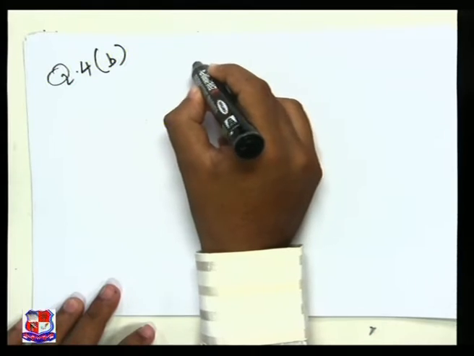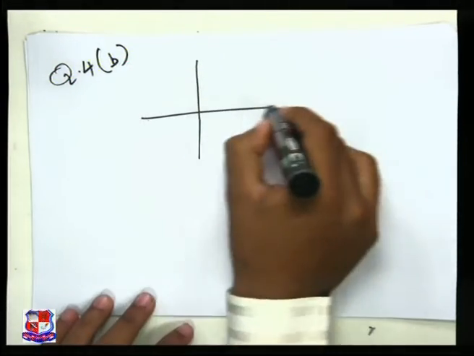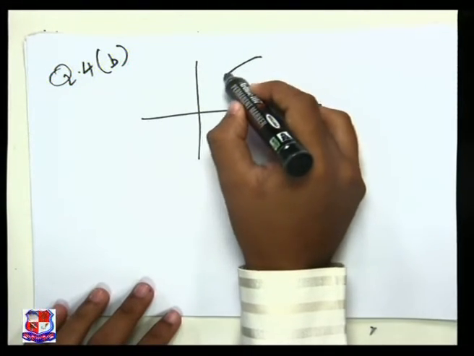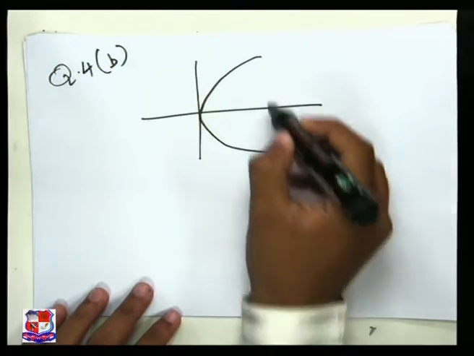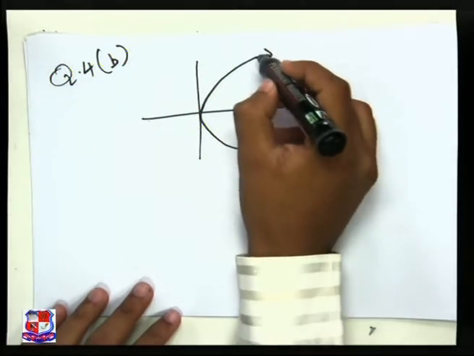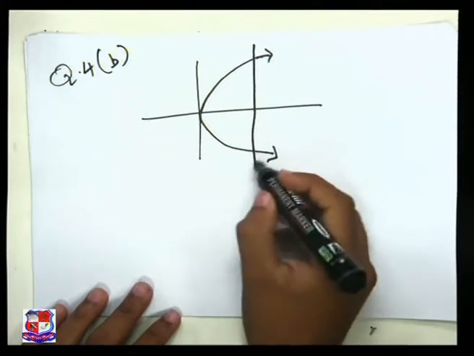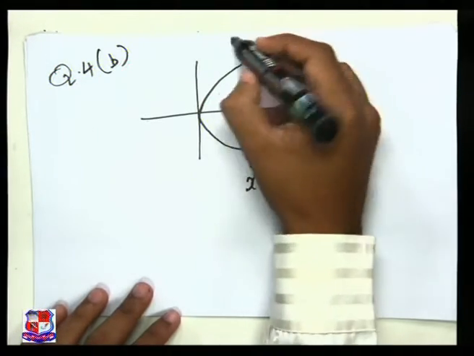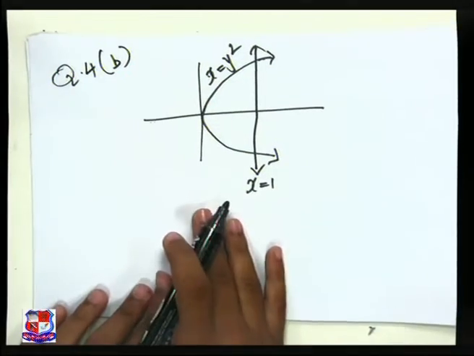The graph of this term looks something like that. This is a parabola, x is equal to y square, right? This is a line, x is equal to 1. This is the line x is equal to 1, and this is the parabola x is equal to y square, right?